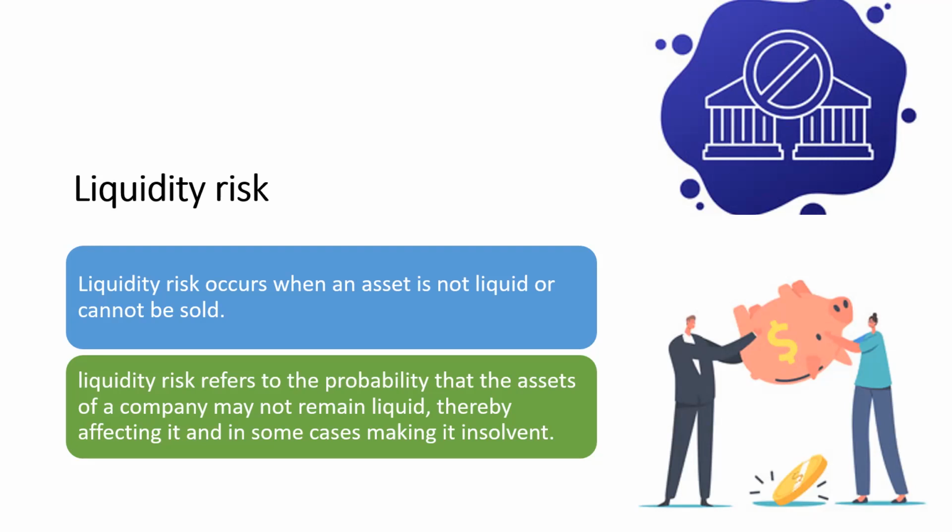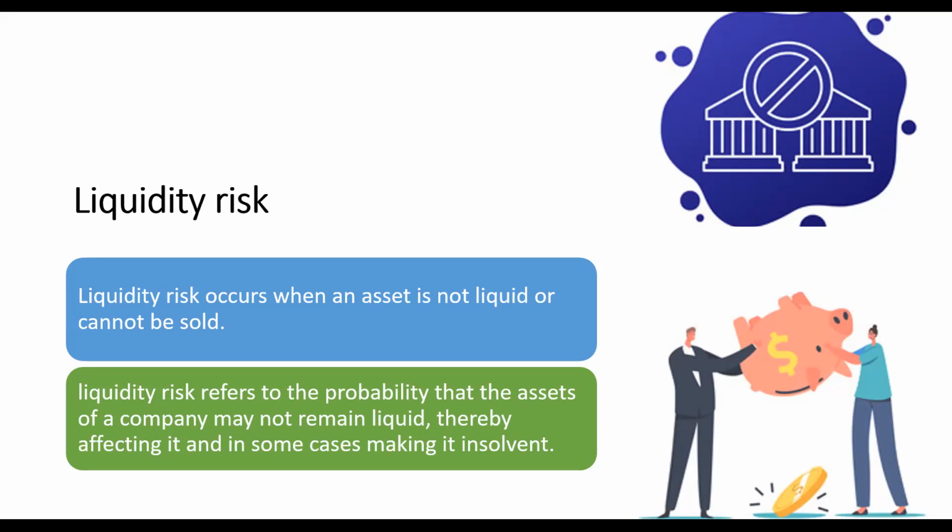Rather, having that asset creates certain kinds of expenses. So liquidity risk refers to the probability that the assets of the company may not remain liquid, thereby affecting it and in some cases making it insolvent.